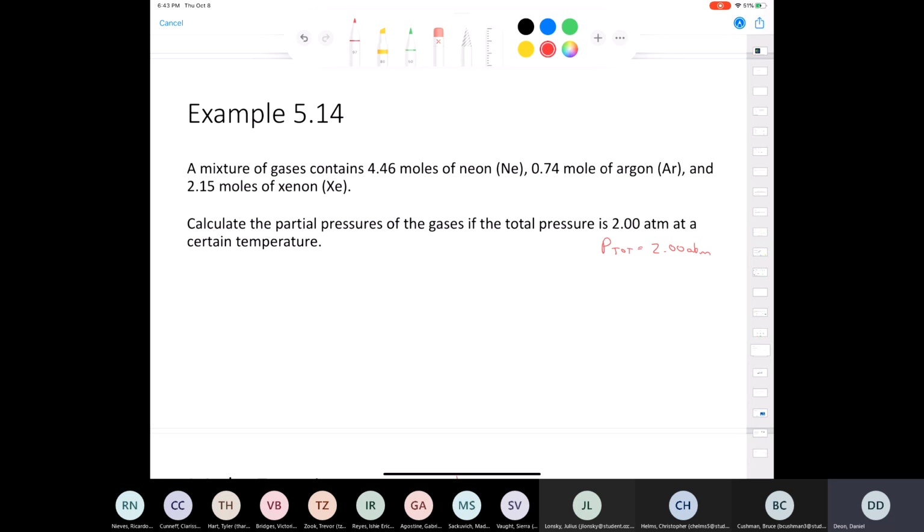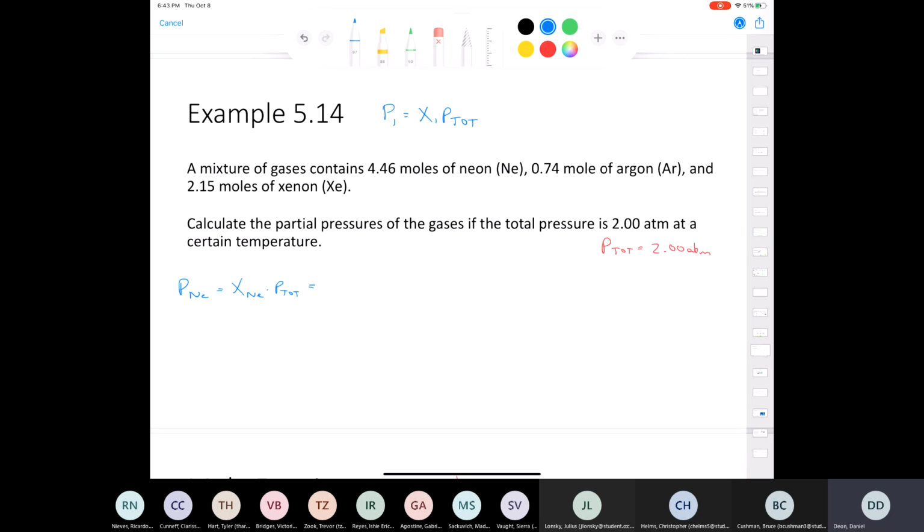We know the number of moles of neon, argon, and xenon. We also know that the partial pressure of, let's say, neon, based off of this formula, the partial pressure of component 1 is equal to the mole fraction of 1 times the total pressure. So we can calculate the partial pressure of neon as being equal to the mole fraction of neon times the total pressure.